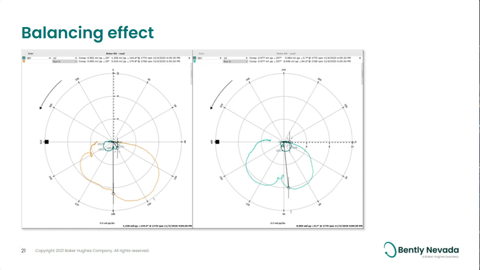And it was a good amount of balance weight, and you see how the vibration came down at all areas of the polar plot. So great effect on that. That's one of the beautiful things about using polar plots for balancing.